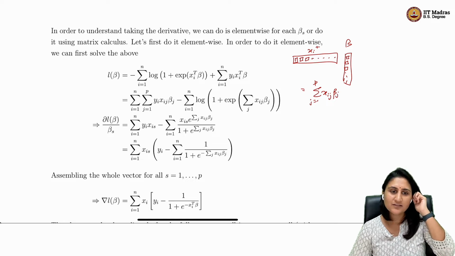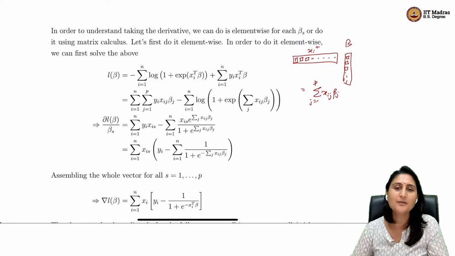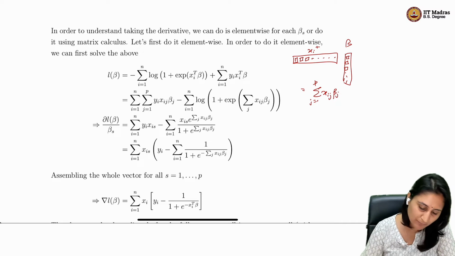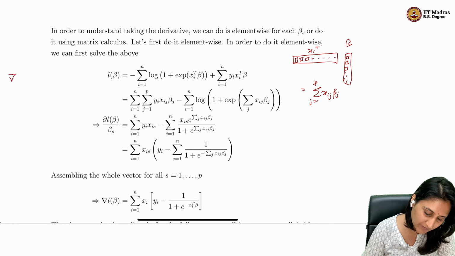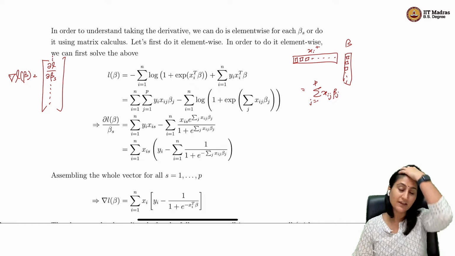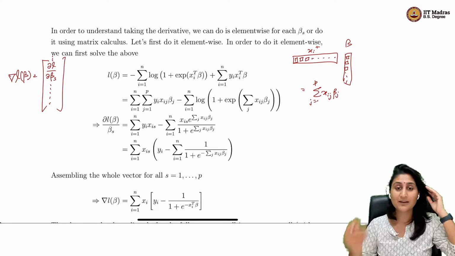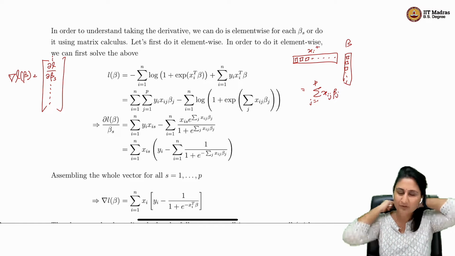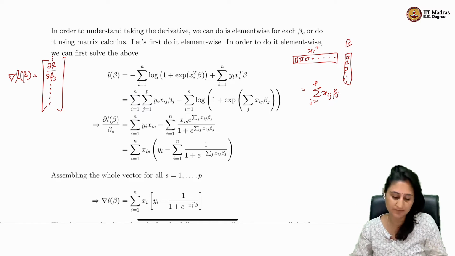Now the reason I've done this is because in the next step, I'm going to take the partial derivative with respect to an s. So what I'm now doing is I'm going to try to find the gradient of L of beta, which is nothing but del L by del beta s, right? So I'm trying to find the derivative with respect to any component s, and then I'll just stretch that component out and see what that looks like for all components.